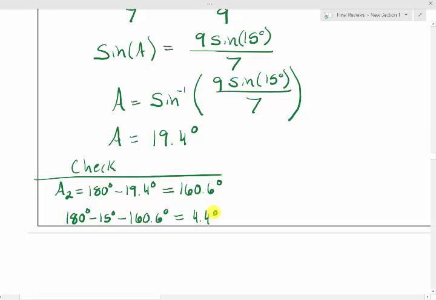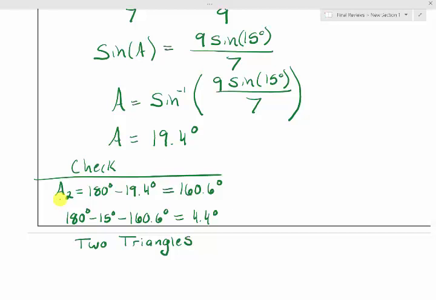So since whenever I subtracted these two angles from 180 degrees, I got a positive angle, we have two triangles. If I were to have subtracted my original angle of 15 degrees and A sub 2 and gotten a negative angle, then we would only have a single triangle.